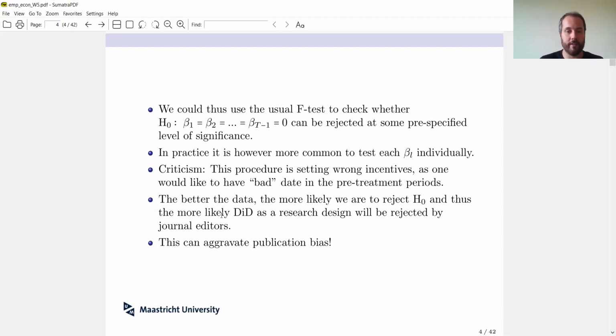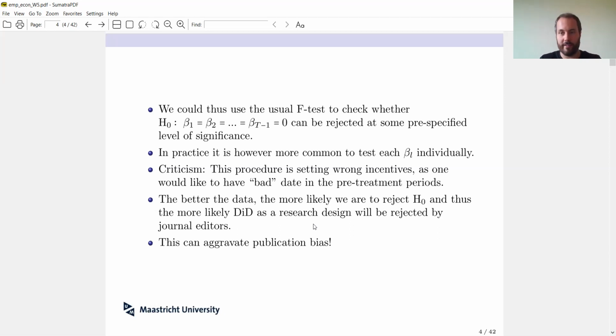So when you want to publish your diff paper, you should better find something where the common trends assumption holds. So people want to fail to reject this null hypothesis. And then in the post-treatment period, you want to have really nice data because there you want to have something really significant. So this creates bad incentives, and this can make the publication bias worse, so that only things that get a nice, significant, strong effect are published.